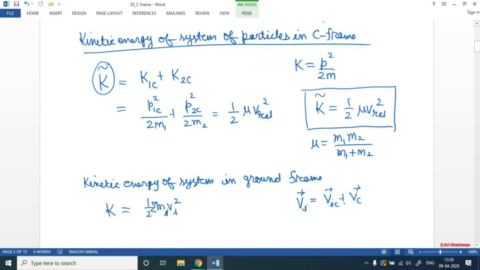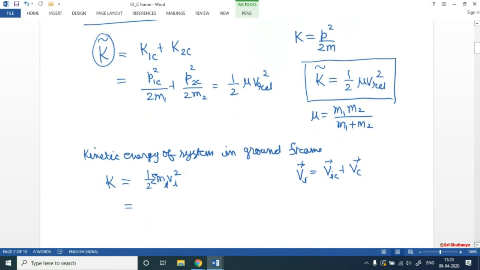When we use this expression, I'm not going to derive that, I'm simply going to write the final expression. It will turn out to be the internal kinetic energy, that is the kinetic energy with respect to the center of mass, plus half the total mass of the system times the velocity of center of mass square.